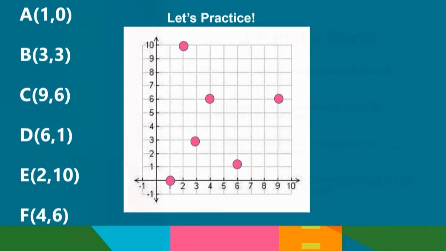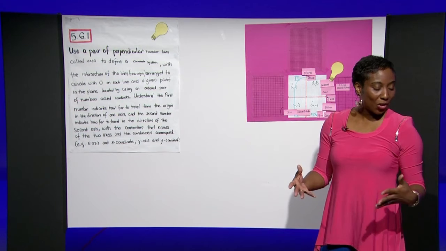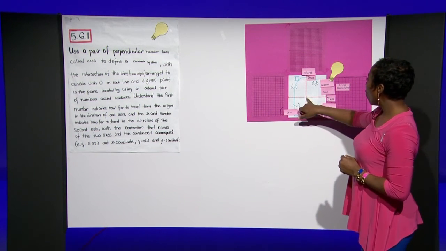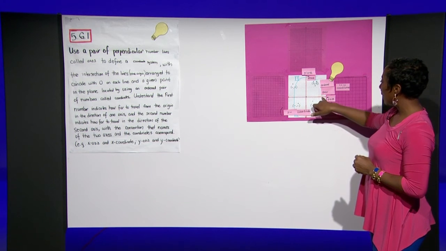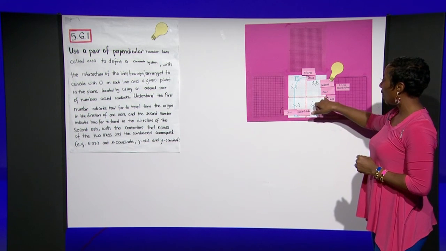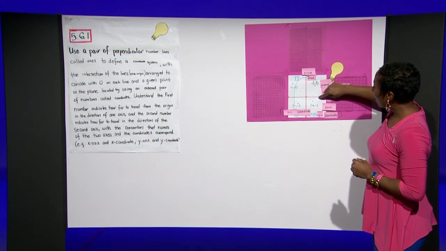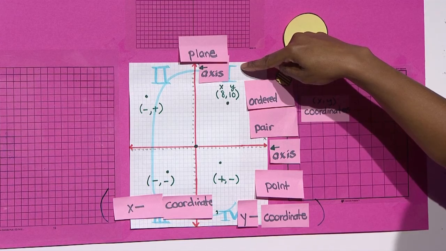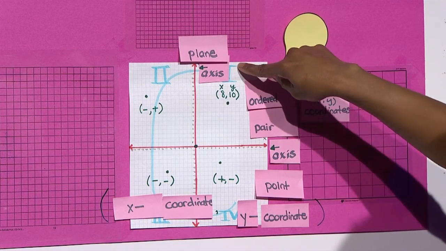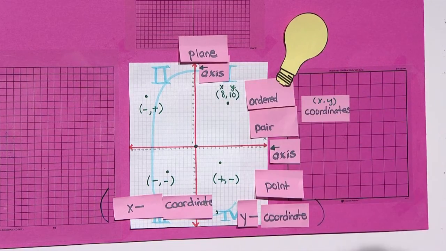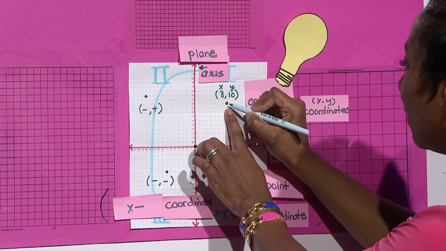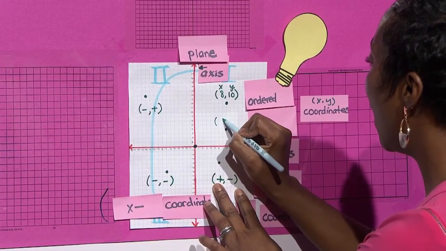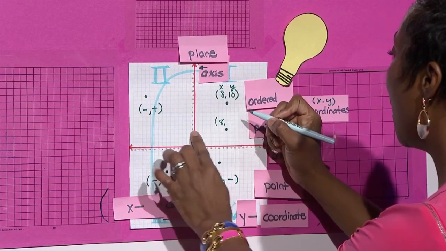Wow, you did a lot, boys and girls. So let's think about the work that we just did. As I move away from the y-axis, that means that my x values are getting larger. The further up that I move up my y-axis, my y values are getting larger. So let's think about what happens if I bring this point, 8, 10, down here, 8, 4.